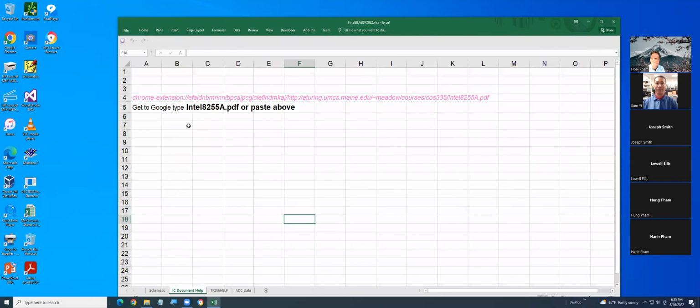They said, if you want to know about 8255, then you can go to Google and type it. Now, I go to Google. I'm going to copy that one.